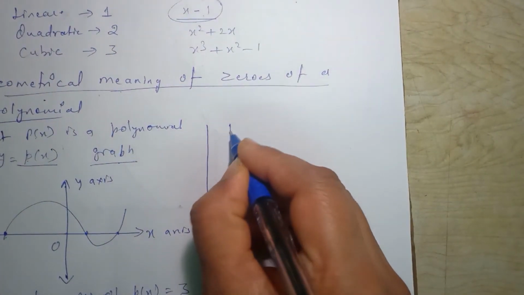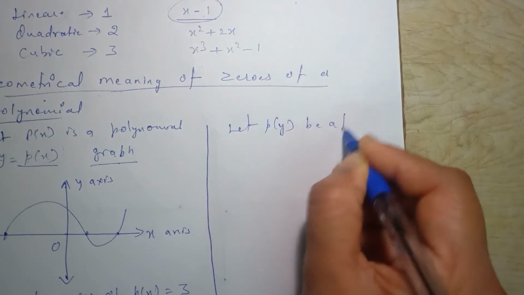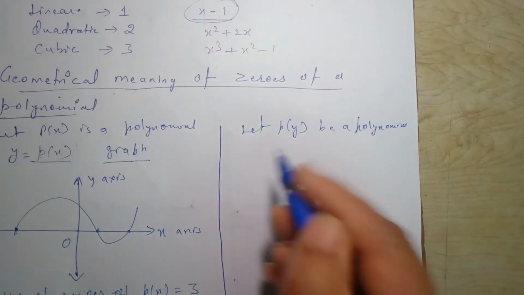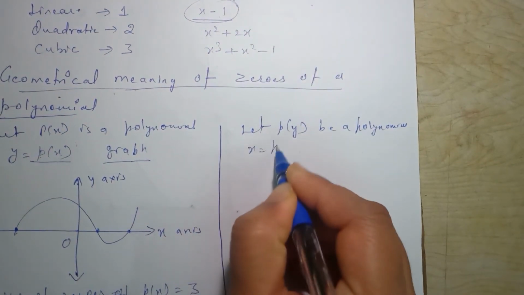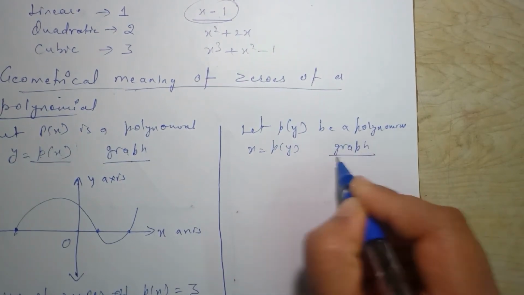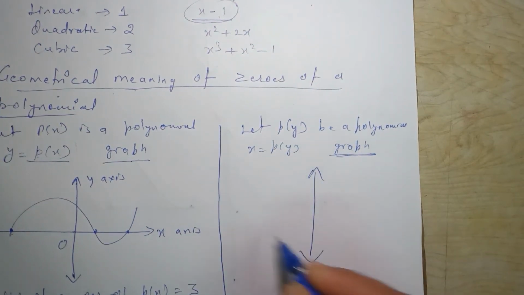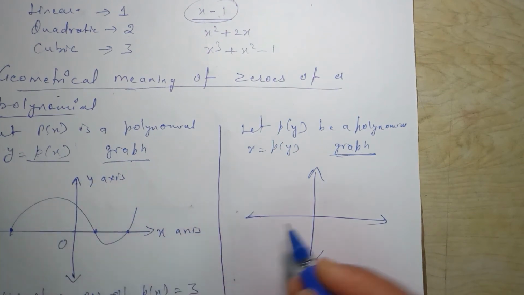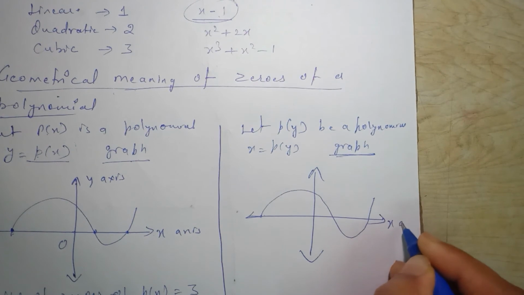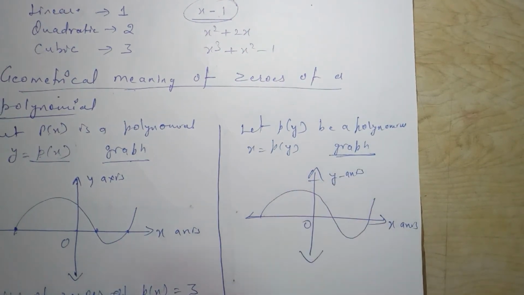Let us change the polynomial. Let p(y) be a polynomial, and x equal to p(y) will be denoted as its graph. Then how many zeros are there on the basis of the graph? I am taking the same graph. This is the x-axis, this is the y-axis, this is the origin.